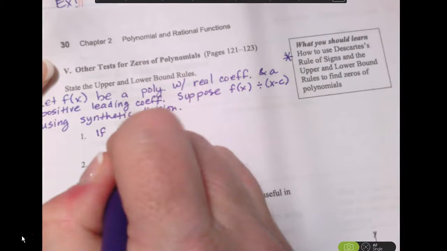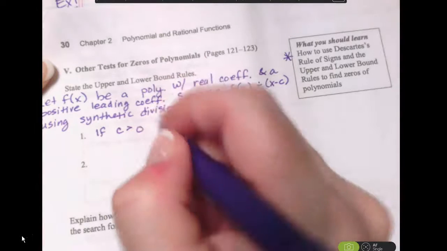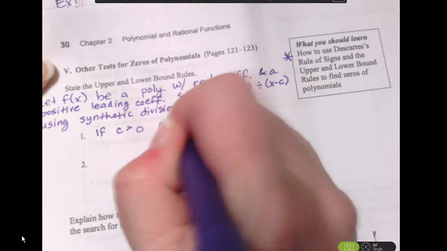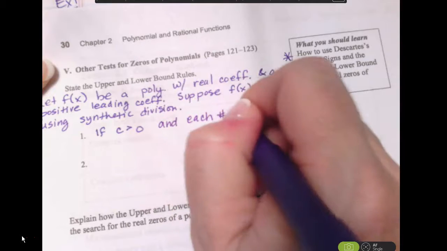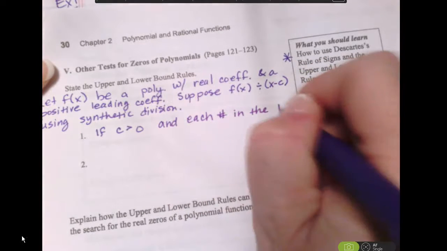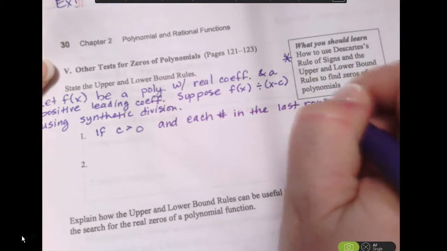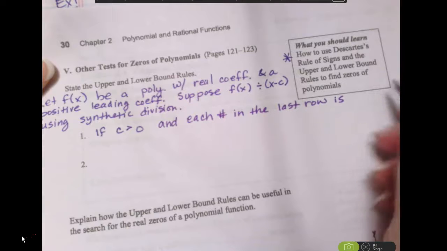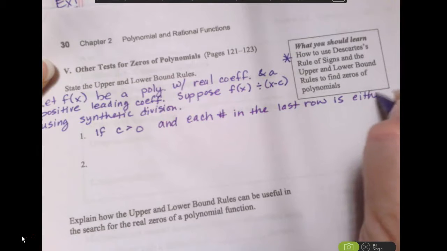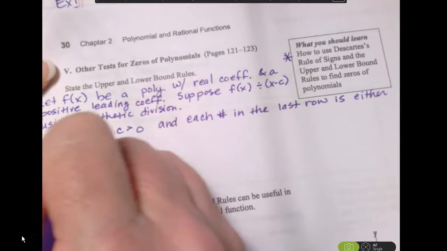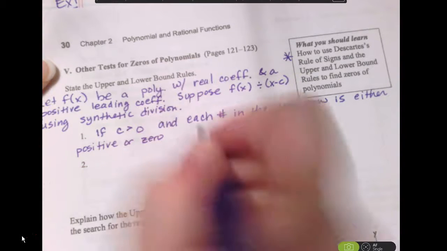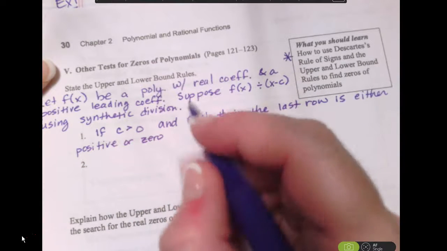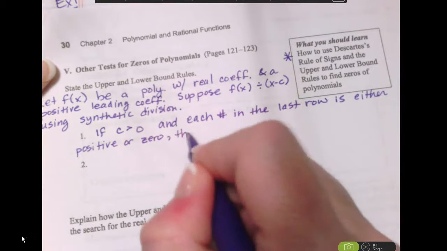If c is greater than 0, and each number in the last row is either positive or 0, then c is an upper bound for the real zeros.